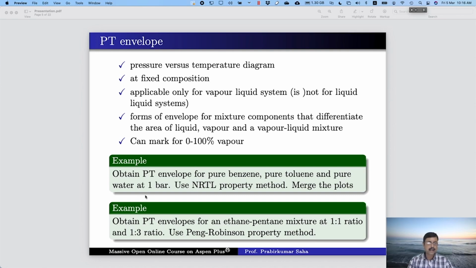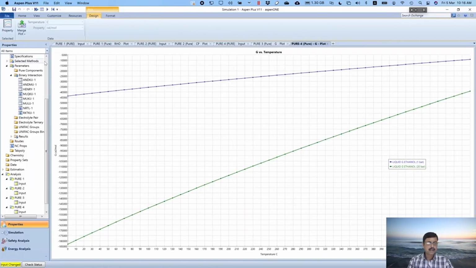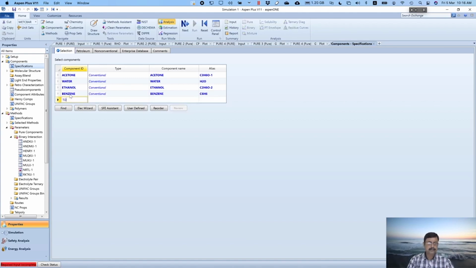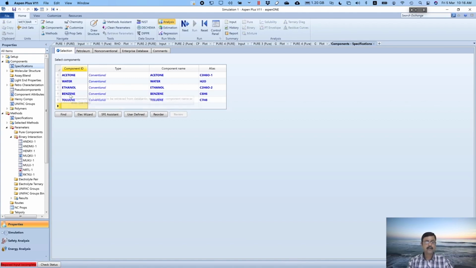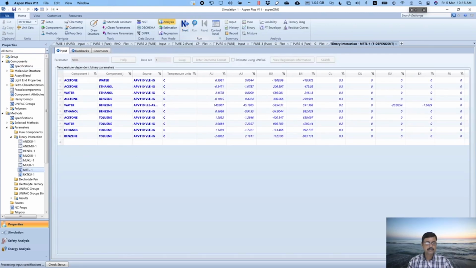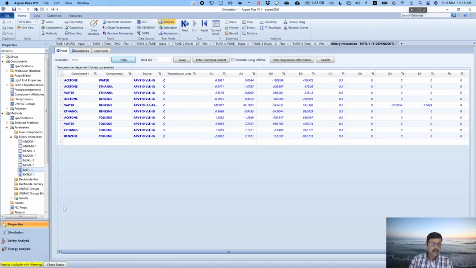Water is already there in our specification. So let us add benzene and toluene. Okay. So press next, run. Yes.